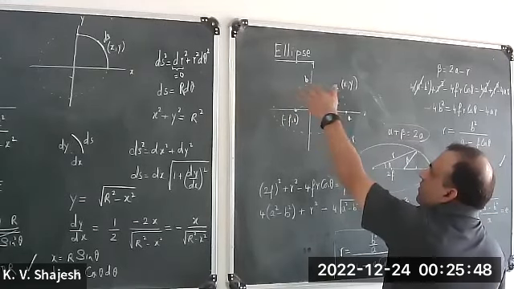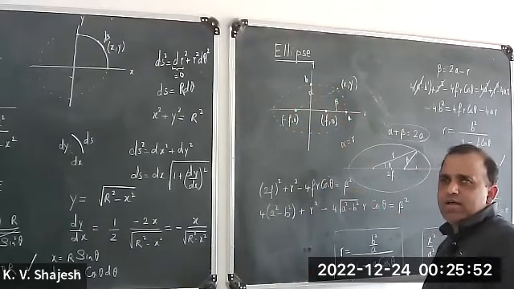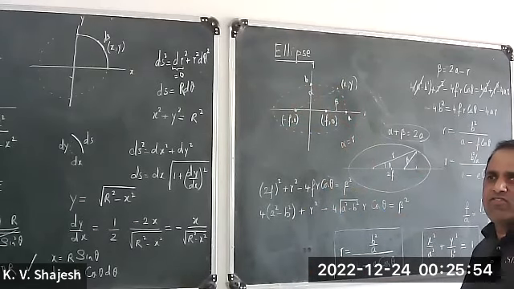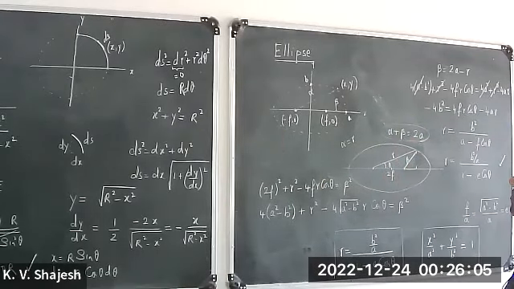A and B are defined in Cartesian or rectangular coordinates. I can say that's a geometric property, right? That has nothing to do with coordinates. A and B are just scales: the length and the width of the ellipse, the longest length and the shortest length.